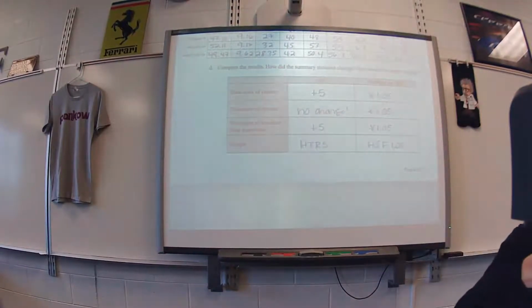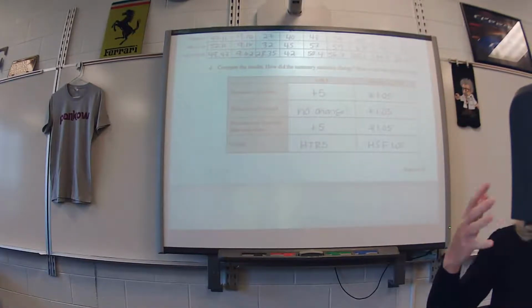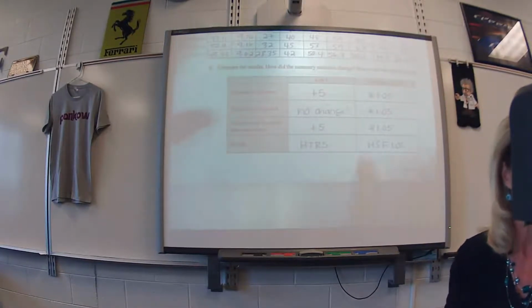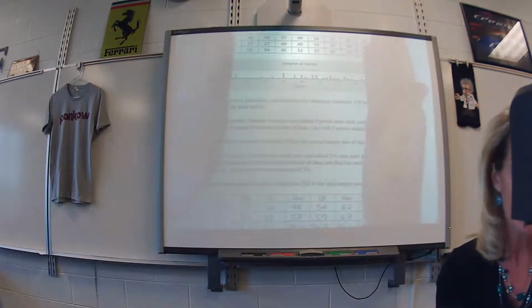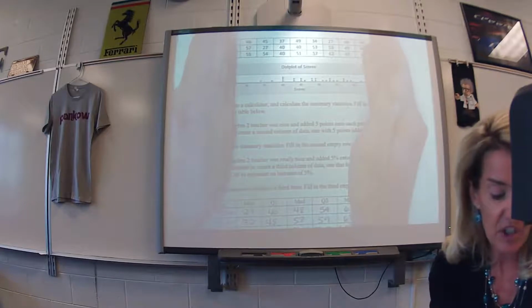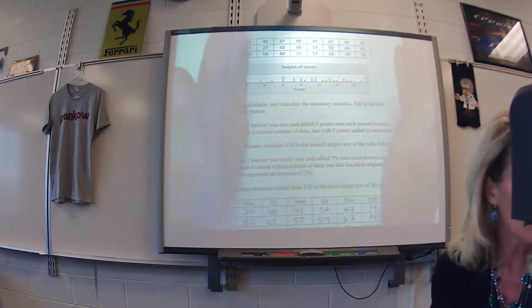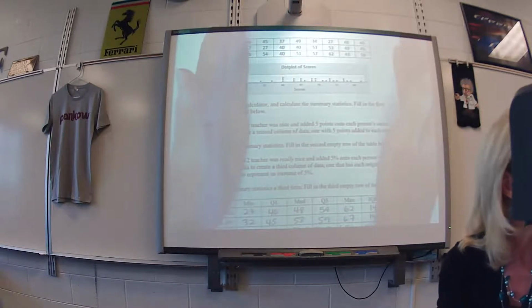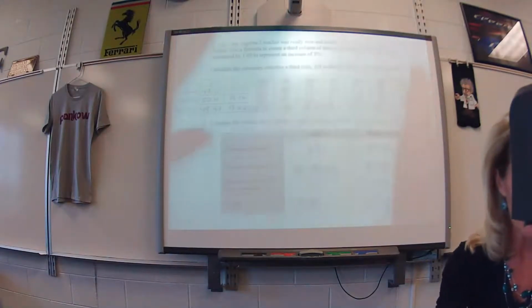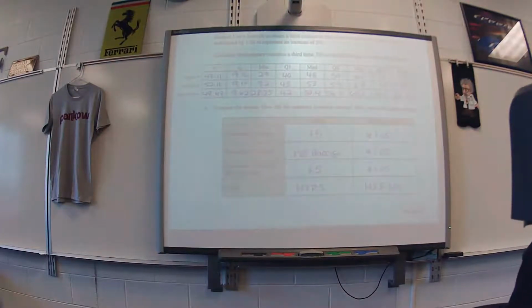Okay, so not only did each number get bigger, it got bigger to the point that it changed the spread. So instead of being here to here, the smallest number actually got pushed up a little bit, and the largest number got pushed up a little bit more, and it increased the spread, and everything gets impacted by that same amount. And the same thing would happen if you divided by something.